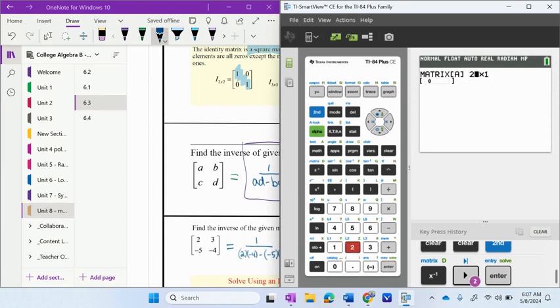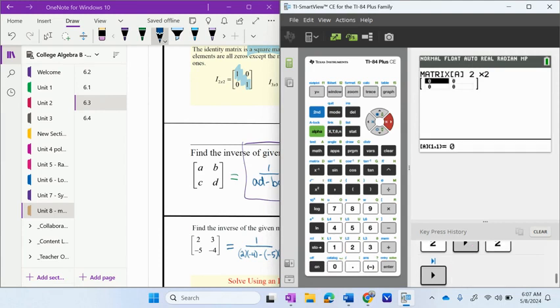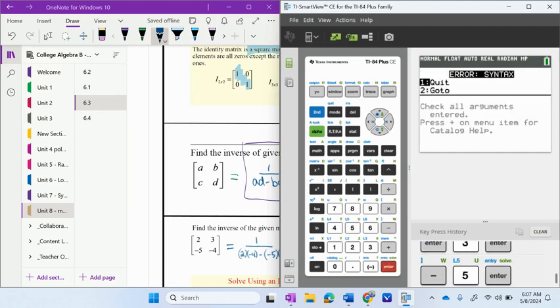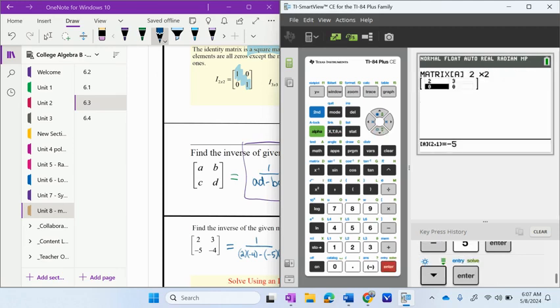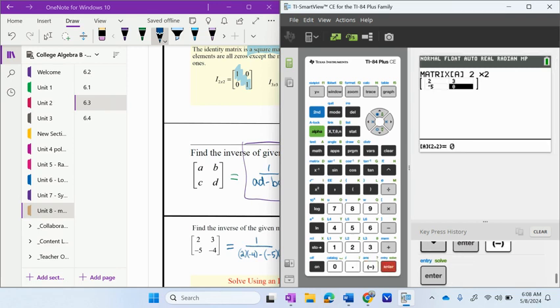So this is a 2 by 2. So put in the numbers 2, 3, and enter. Negative 5 and enter. I have to do a negative number down here, the negative 5. Negative 5 enter. And negative 4 enter.